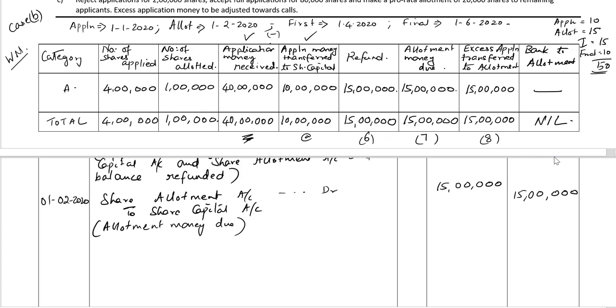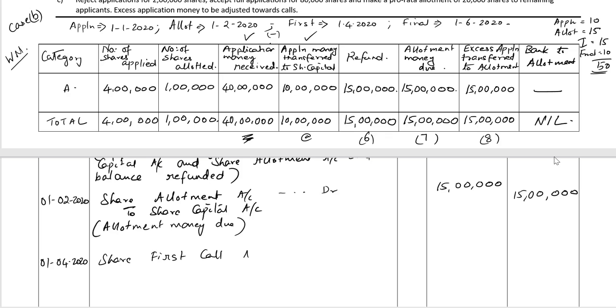Let's make the first call money due. The first call becomes due on 1st April 2020. Share first call account debit to share capital account for the first call money due.